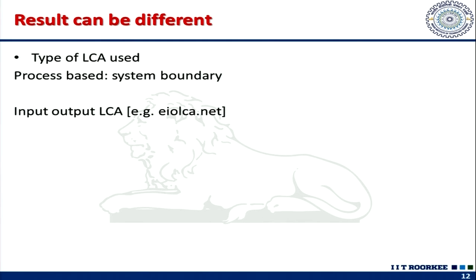This is very difficult to gauge by process LCA. So for those types of problems, if you use the input-output model, it gives you a better number, but it has other problems. And if you use two different approaches, process-based versus input-output LCA, your numbers will also be different.